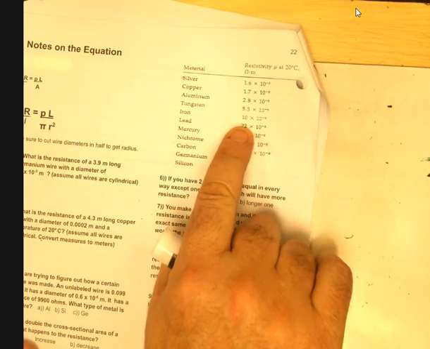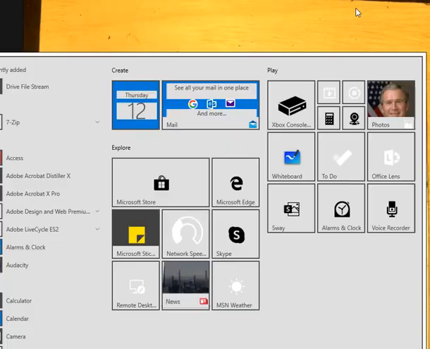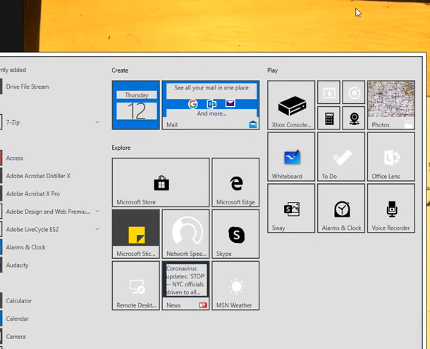About double the p-value. We can see here that both the resistance and the p-value are on top, so they are directly related to each other. If you double one, the other one's doubled. We basically doubled the p-value from 10 up to 22 times 10 to the negative 8th. So I'm going to about double the resistance. If the resistance of the iron was 34, I double that and I get 68.